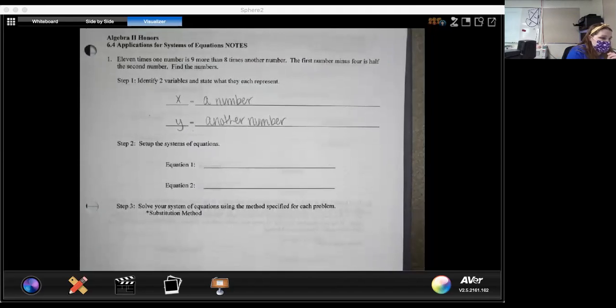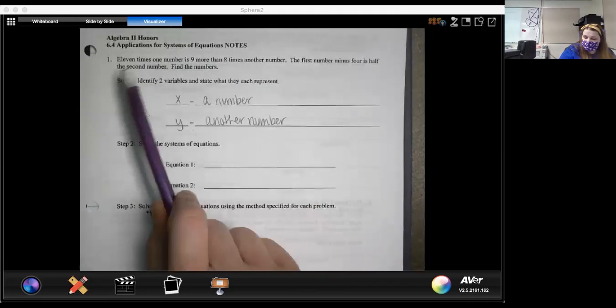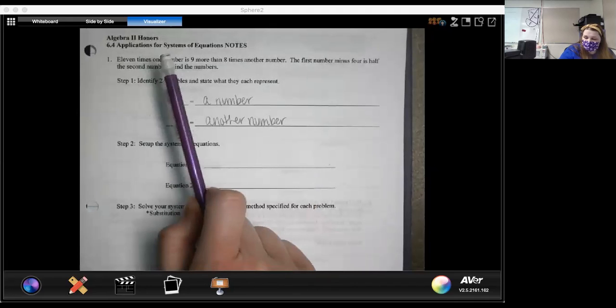All right, step 2. Step 2 is to set up the system of equations. So for equation number 1, we're going to base it off the first sentence. We first start with 11 times one number.